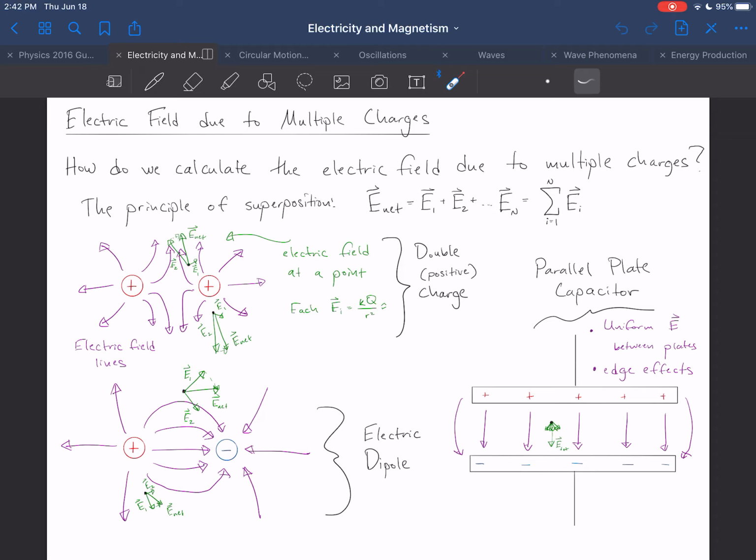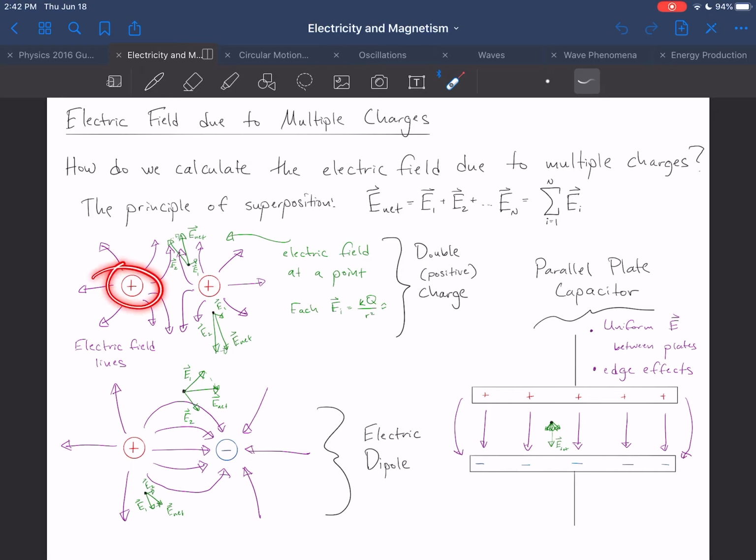This is an idea we first saw in gravitational fields but really hammered home in waves, and that's the idea that to get the electric field at any particular point, any point at all, you add up the electric fields that are due to the individual sources. So what does it mean?